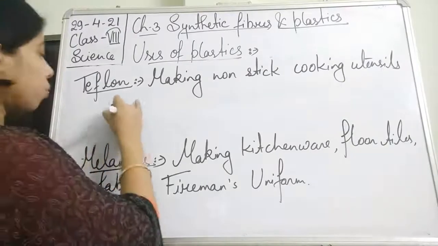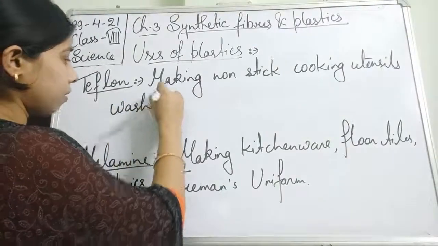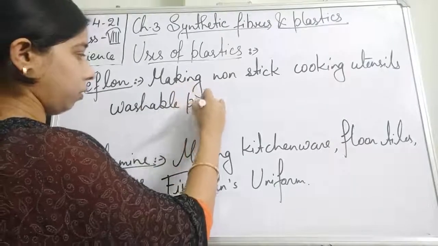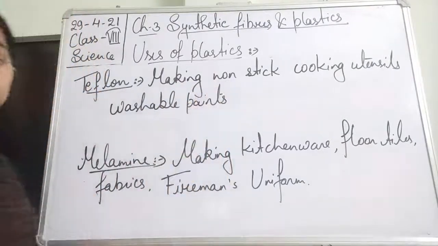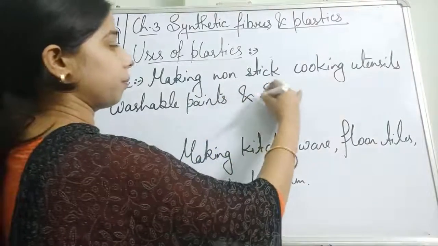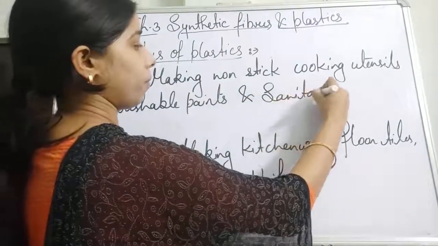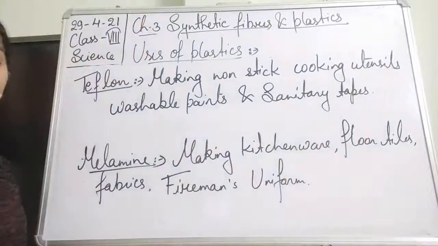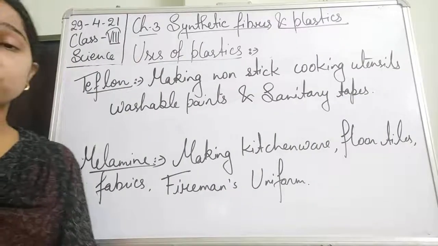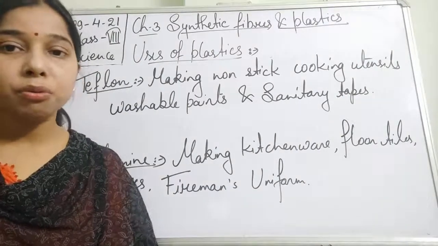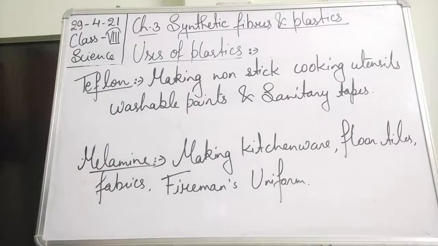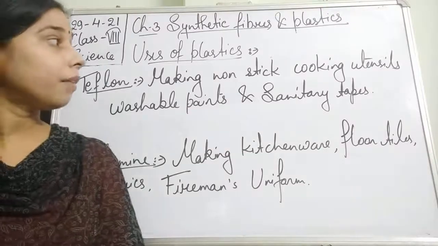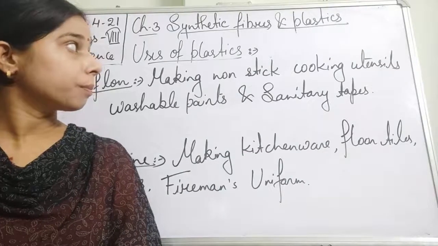Also washable paints, washable pens, and finally sanitary tapes. So Teflon is used for all these things, students. So these are the uses of the plastic, students. Okay, so we have seen the uses.